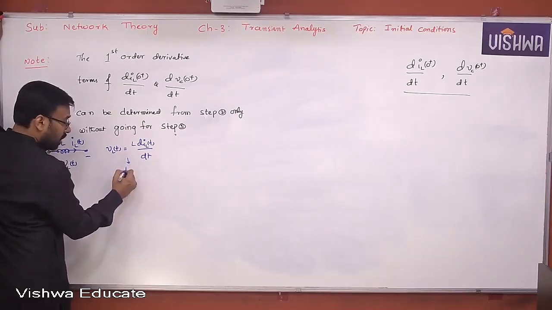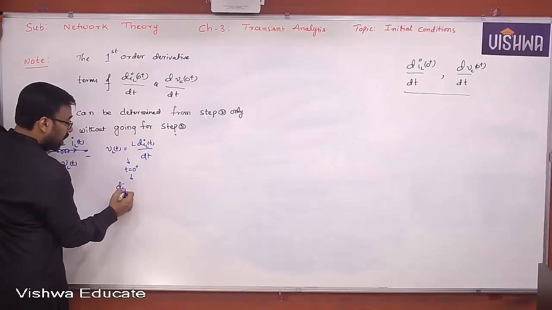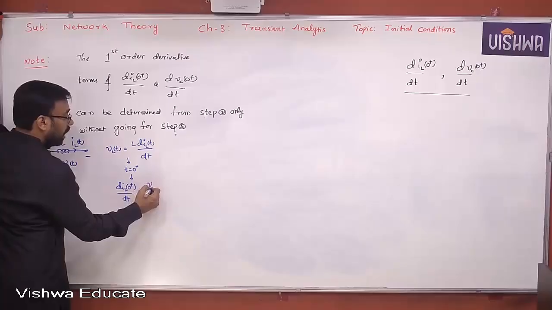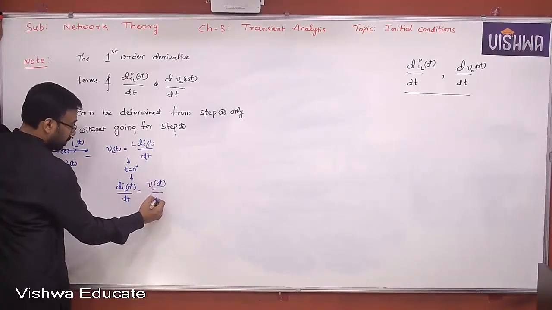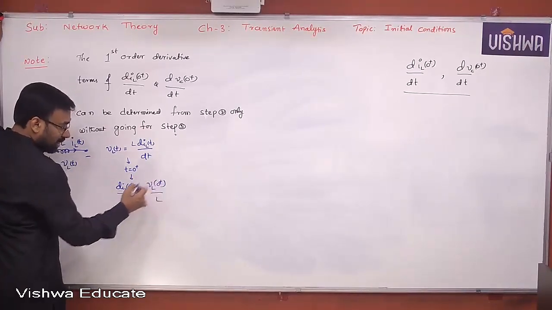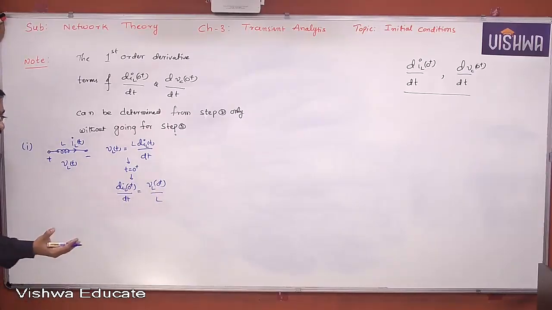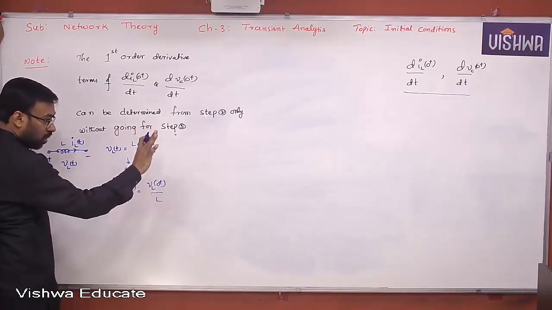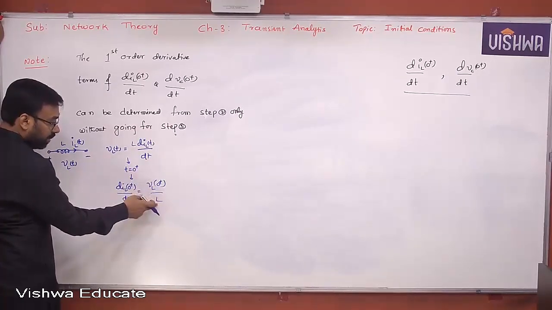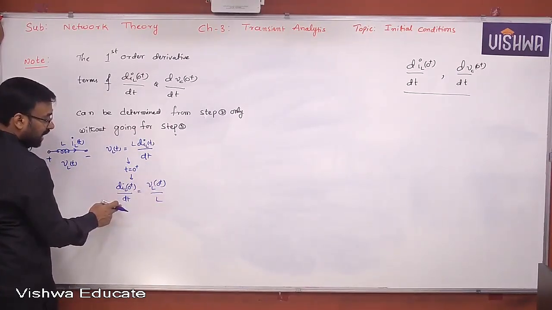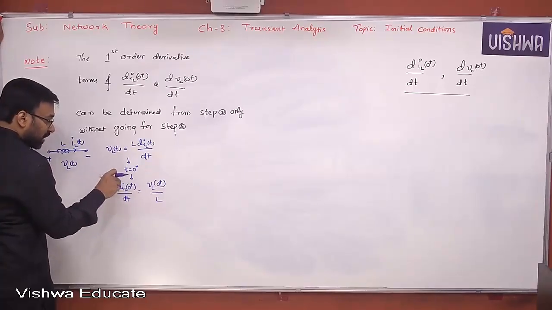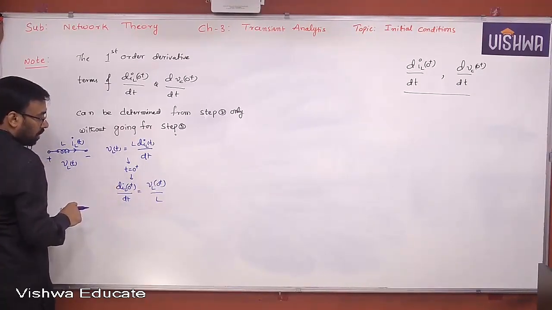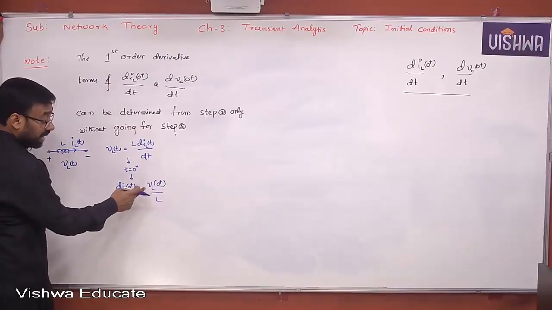If you apply t equal to 0 plus conditions to it, dIL of 0 plus by dt will be nothing but VL of 0 plus by L. So how do you find this VL of 0 plus? You can find it from step 2 only. Voltage across the inductor at t equal to 0 plus can be determined from step 2. If you know that, divided by L will give you dIL of 0 plus by dt. So you are able to find this first order derivative term without going for step 3, just by step 2 only.